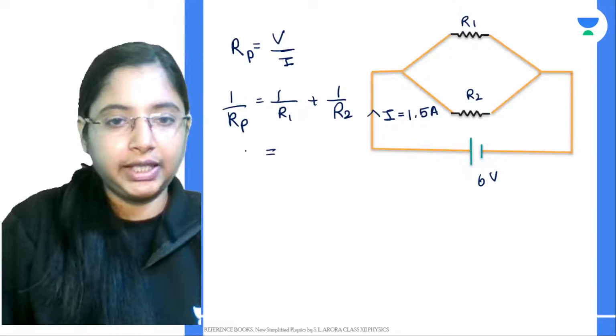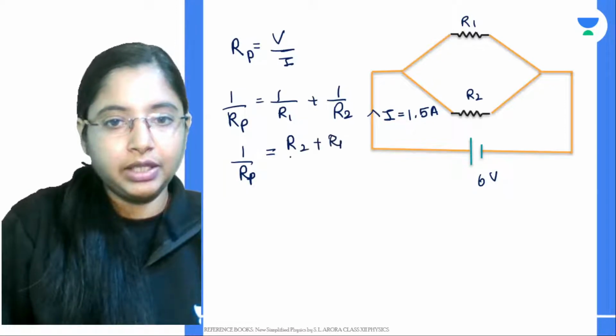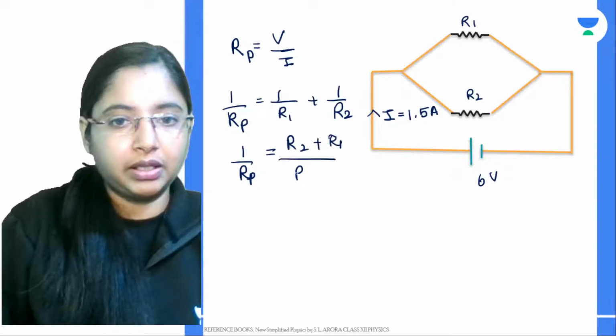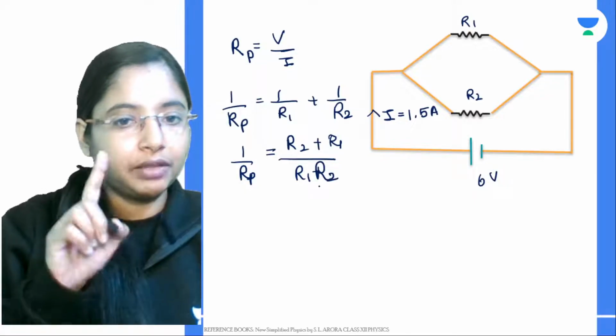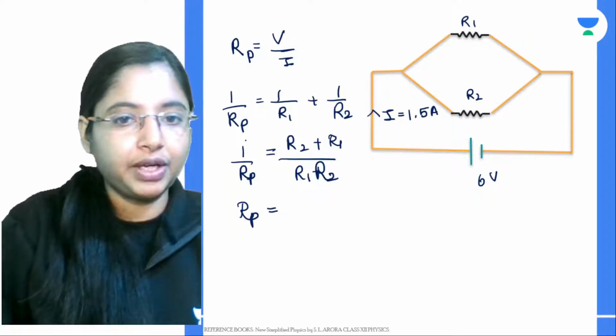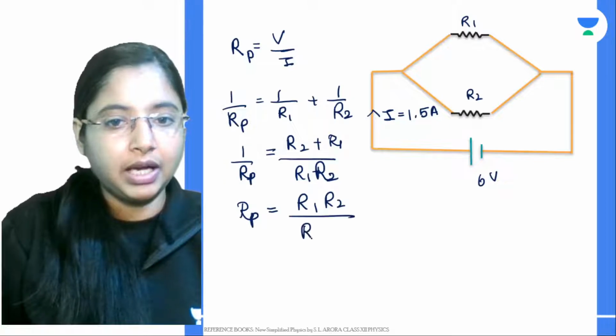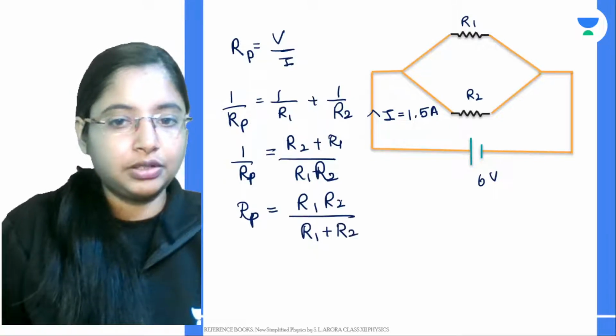We cross multiply: 1 by Rp equals (R2 plus R1) divided by R1 times R2. If you want Rp, we just take the inverse. That gives us R1 R2 divided by R1 plus R2. This is your Rp value.